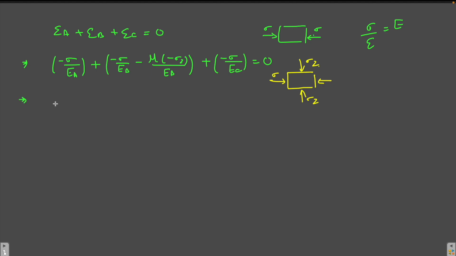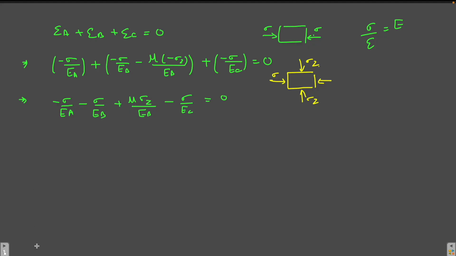Now just solving this a little bit. So minus sigma by EA minus sigma by EB plus mu sigma z by EB minus sigma by EC must be equal to 0.